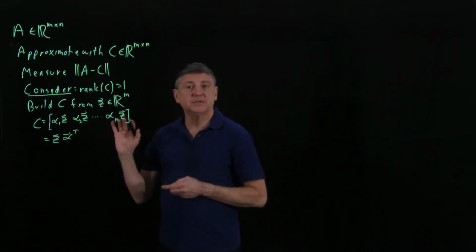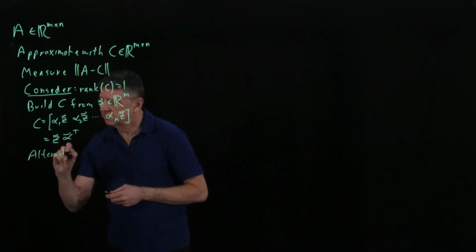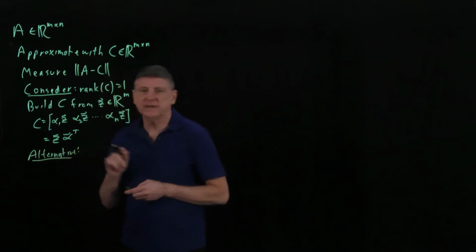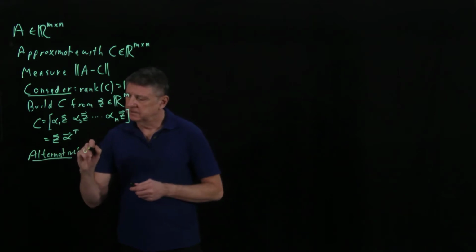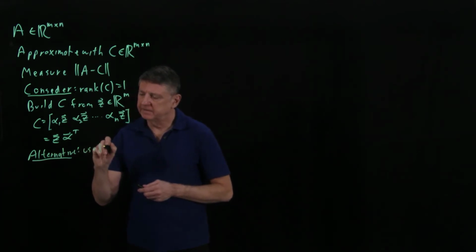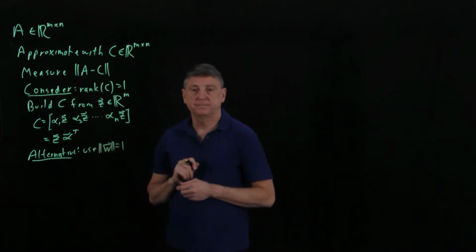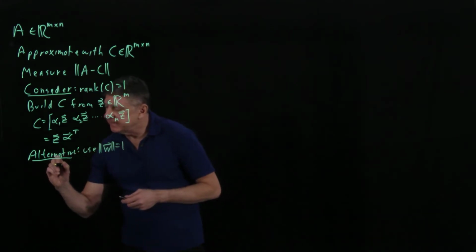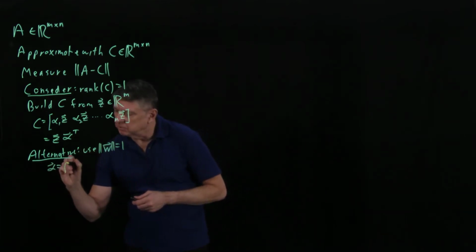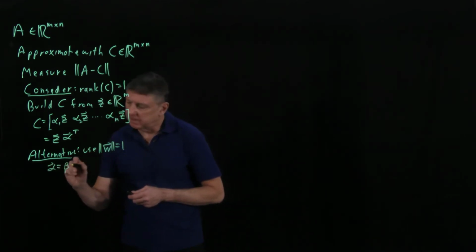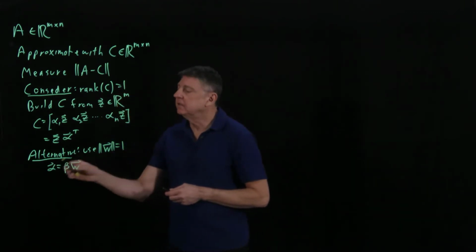So now let's try this. Let's consider an alternative, and this alternative is a very simple modification. Let's say we want to use a vector W that has a vector norm of 1. And let's say that our vector alpha is some scalar multiple of W. And we can interconvert.